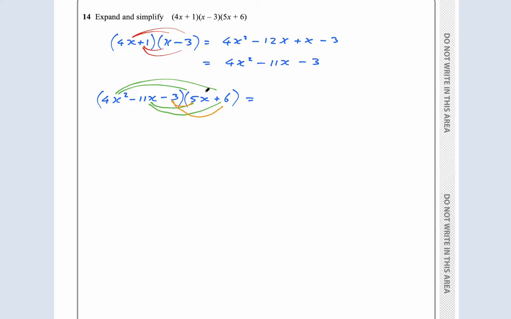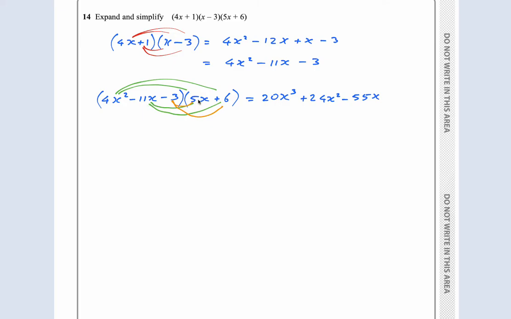So let's do it. 4x squared times 5x is 20x cubed. 4 times 5 is 20. X squared times x is x cubed. Plus 24x squared. That's my 6 times 4x squared. Then minus 55x.